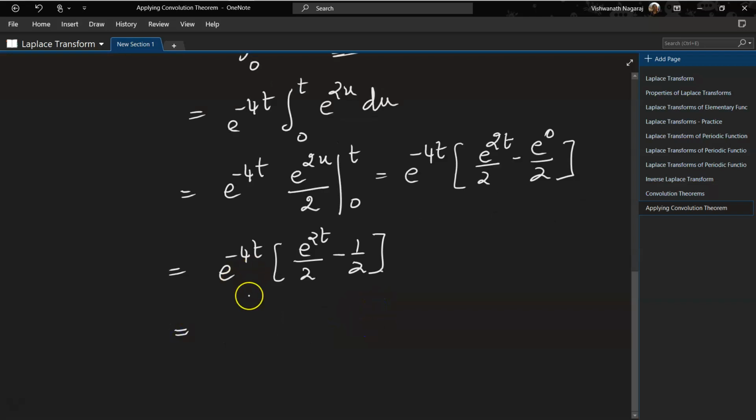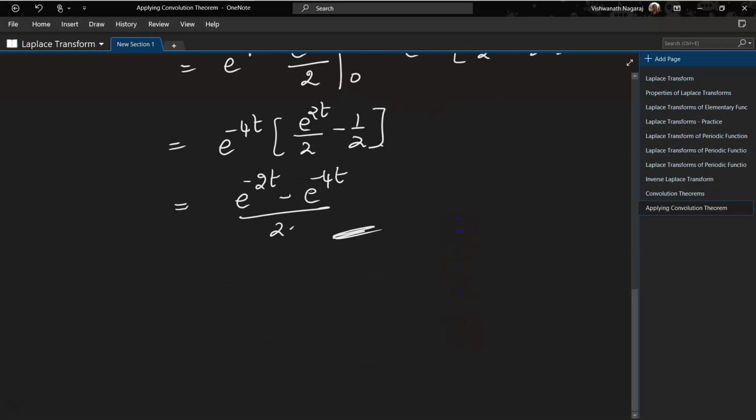Now let's take e to the power of minus 4t inside. So we end up with (e to the power of minus 2t minus e to the power of minus 4t) divided by 2. So that is the Laplace inverse of 1 by (s plus 2)(s plus 4).